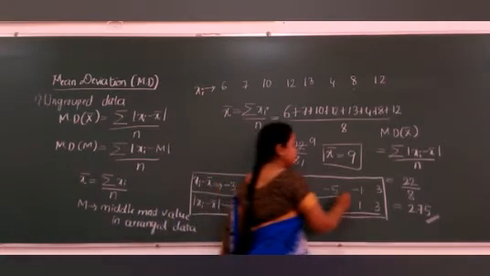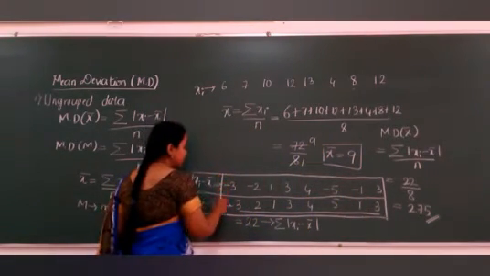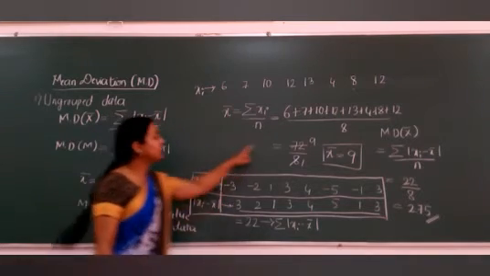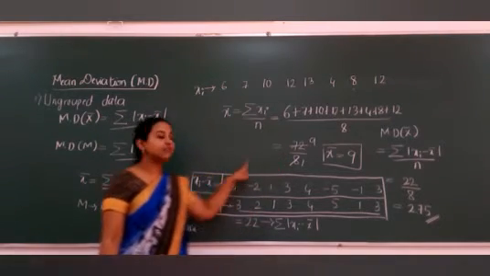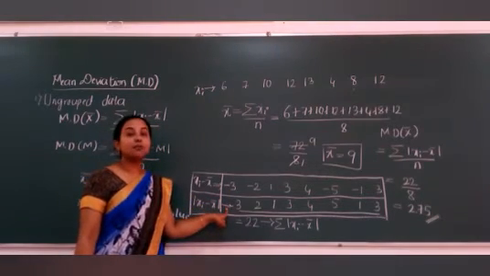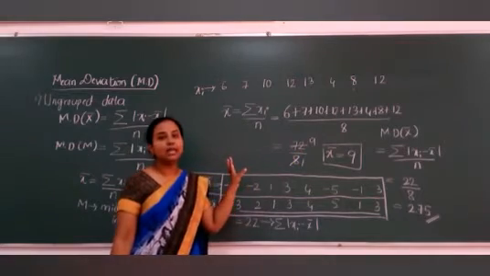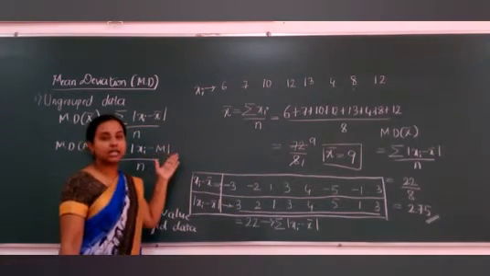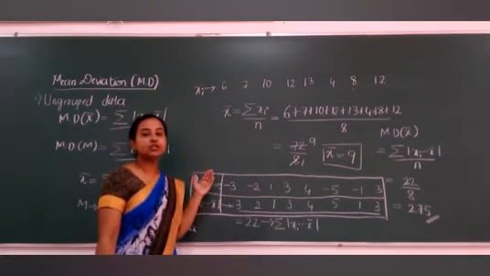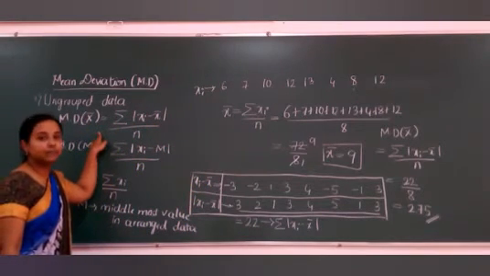Finding the mean for ungrouped data. So we calculated the mean. After that we calculated the deviation. Then we considered the positive deviation. Its sum, substitute in the formula and finally you will get your answer. I hope everyone has understood how to make use of the formula for mean deviation about mean.